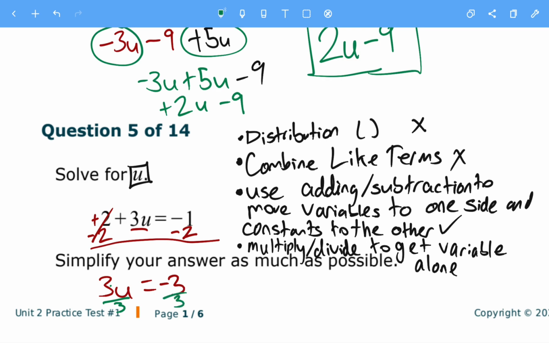What you do to one side, you have to do to the other. This leaves us with just u, and -3 divided by 3 gives us -1. Now we have u completely by itself, so we are completely done. u equals -1. How exciting.